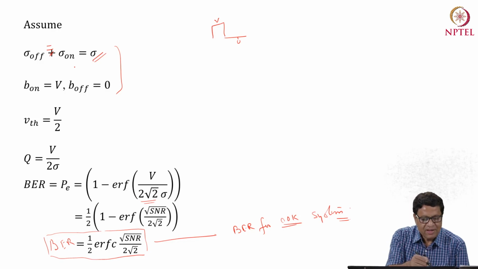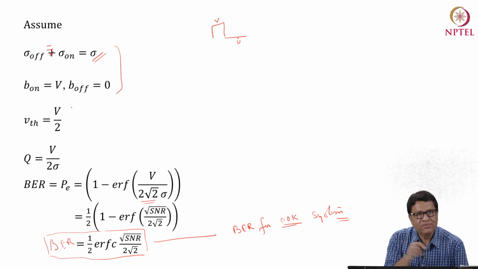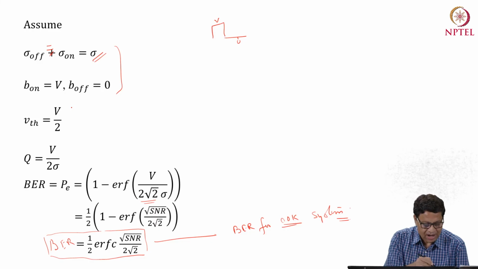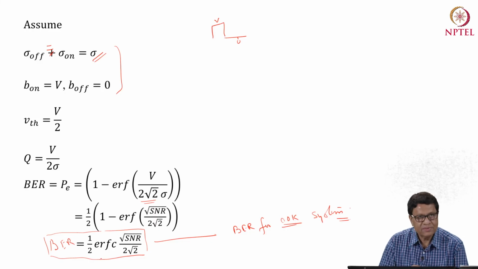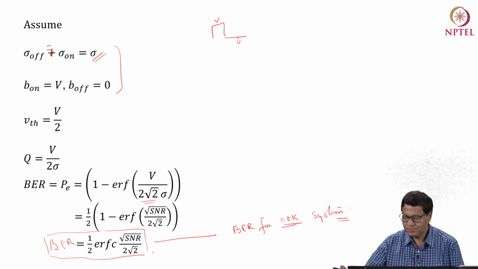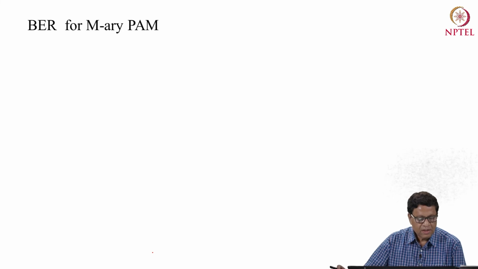But if this is equal, then the threshold has to be V by 2, and the BER for such a system is half erfc(root SNR divided by 2 root 2). So this was for the OOK scheme.